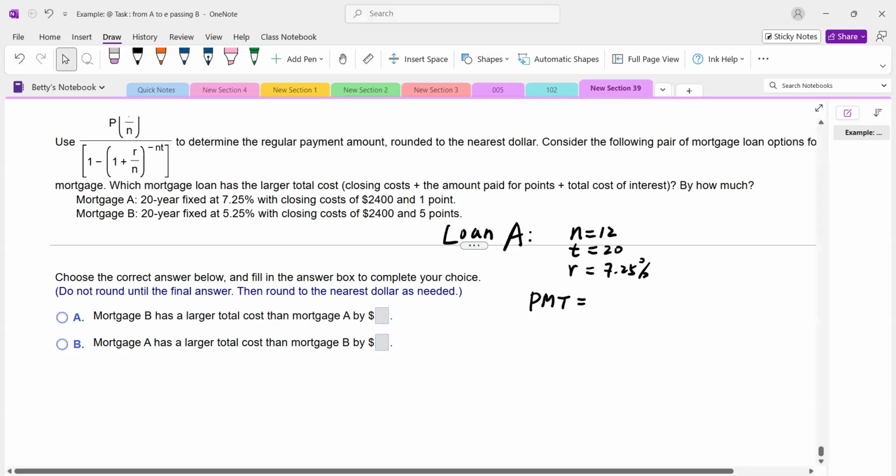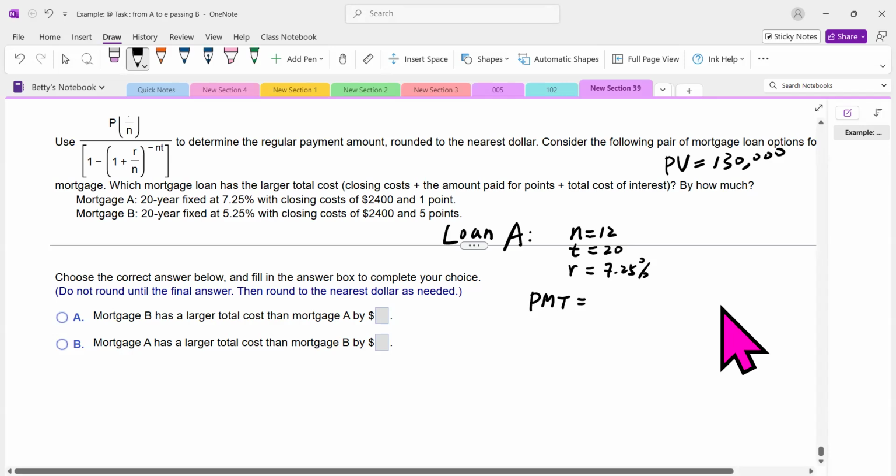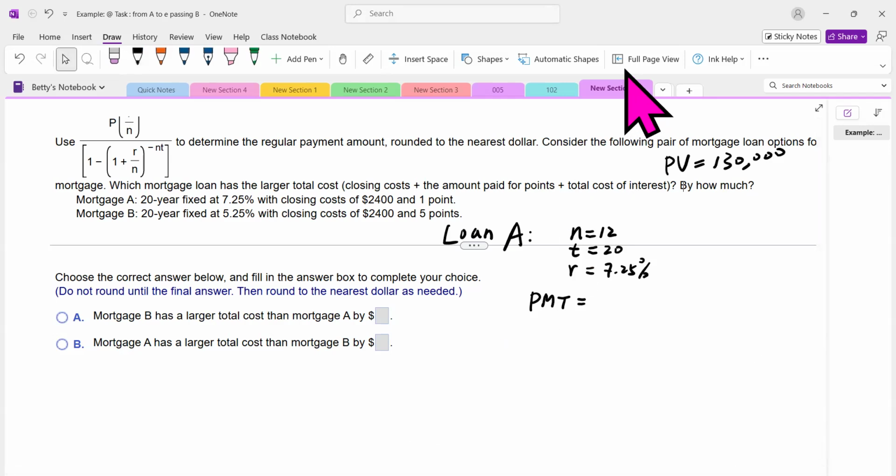Sorry, I missed that information. You need to borrow this much money. Your principal is $130,000. With that information, we should be able to find the monthly payment for loan A. Let me stop sharing this and go to the calculator.